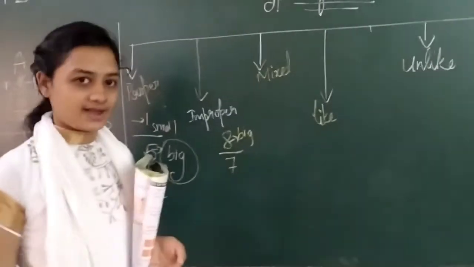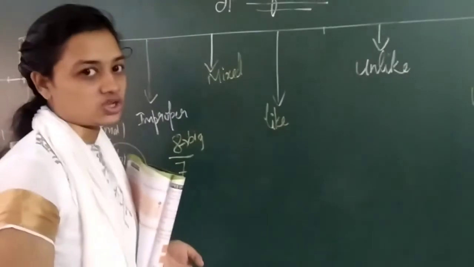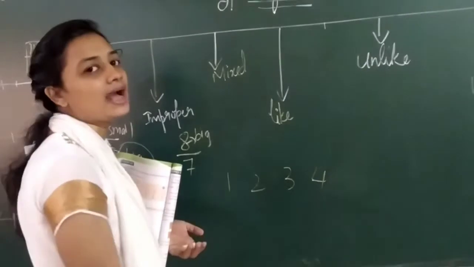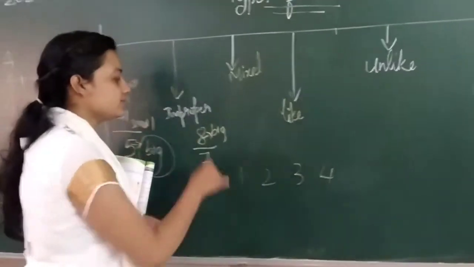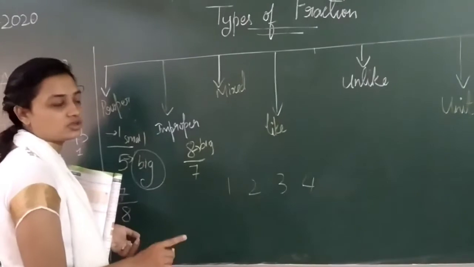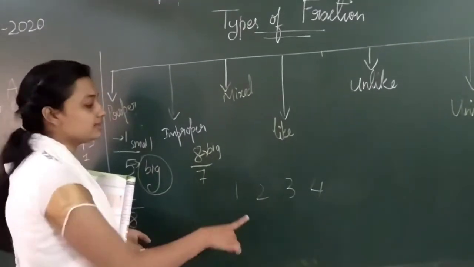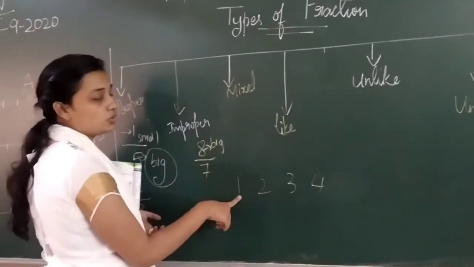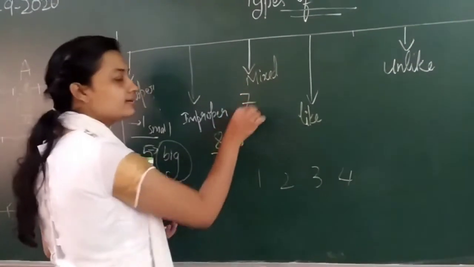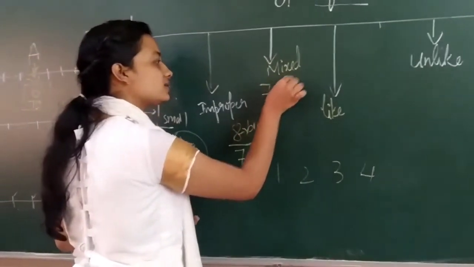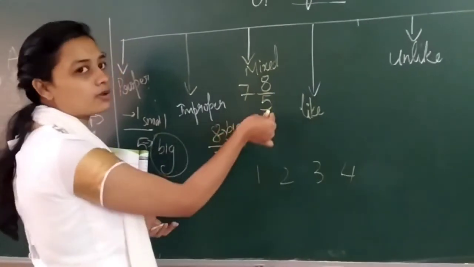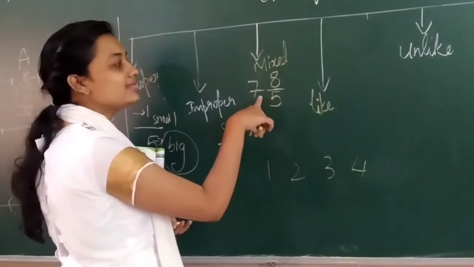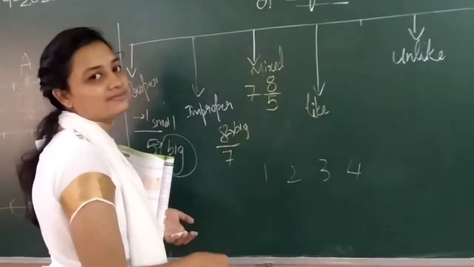Now come to mixed fraction. What is mixed fraction? You all know 1, 2, 3, 4, all these things are numbers, right? But what is this I am writing here? It is a fraction. They both are different, children. This is a number and this is a fraction. When I write a number and I write a fraction next to it, let it be proper or improper, then this is called mixed fraction.